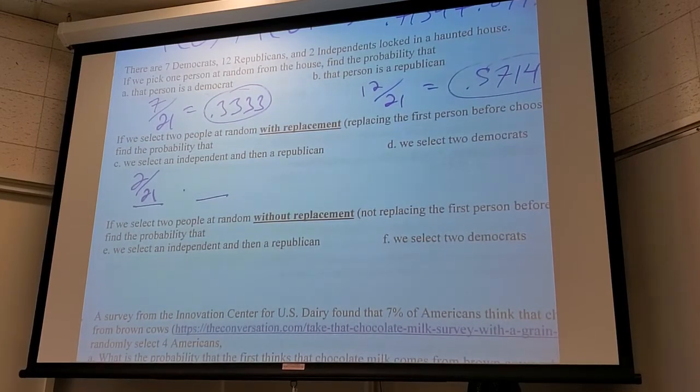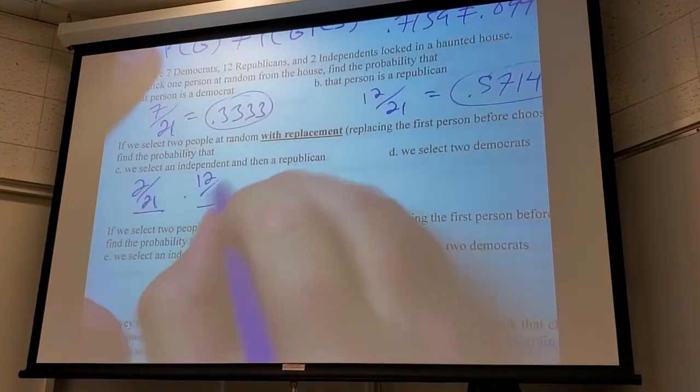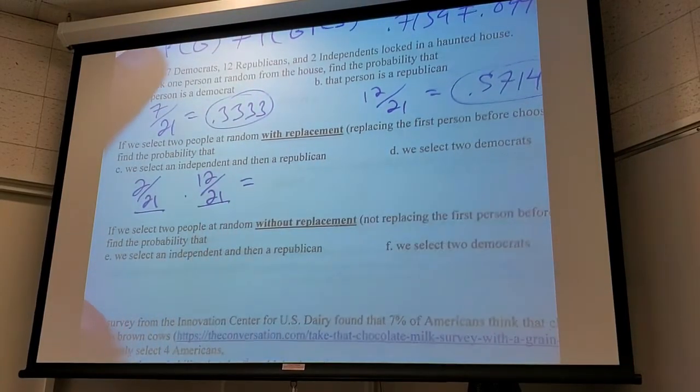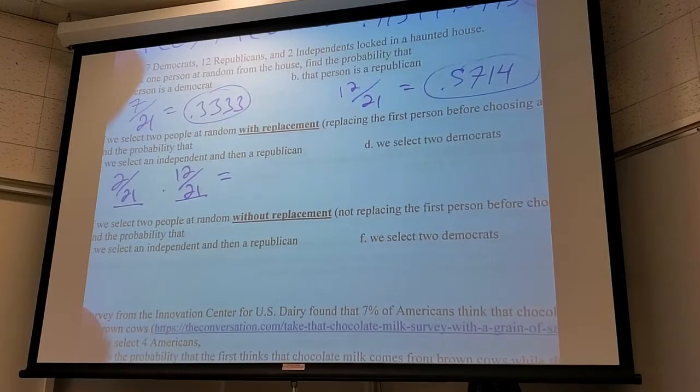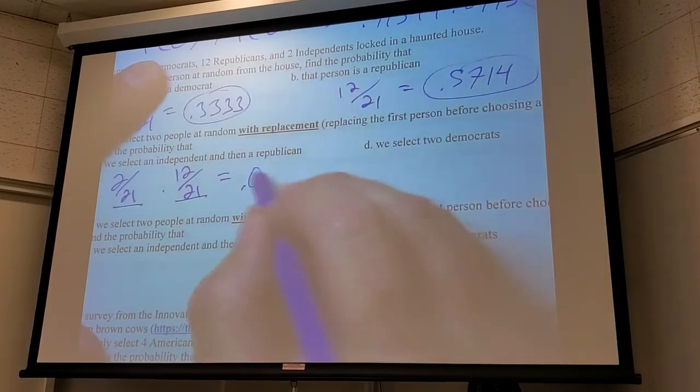Let's probably get a Republican after that. 12 out of 21. 12 out of 21. Is everybody with that? Yes. This is with replacement. Everything resets. Shove the poor person back in there. 0.0544. Sounds right.